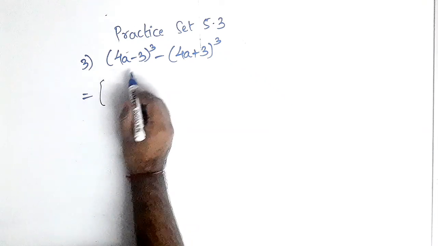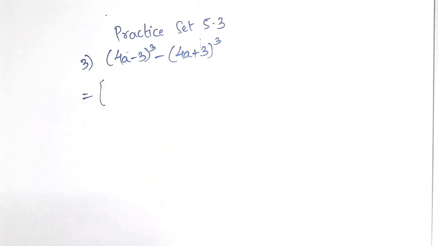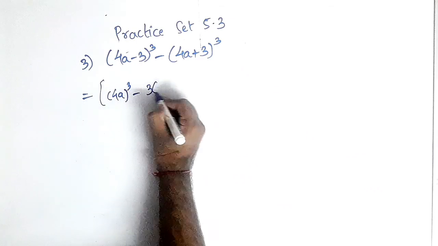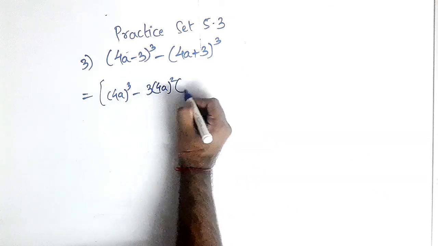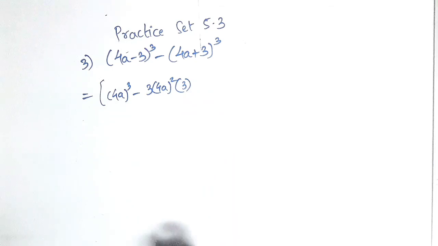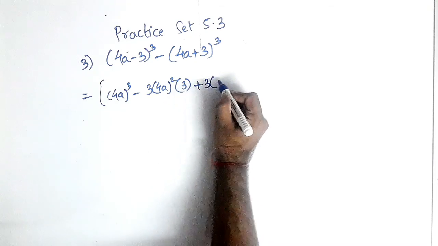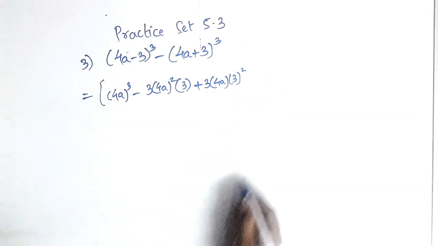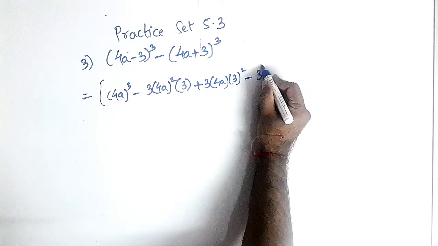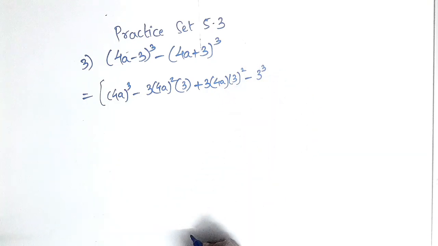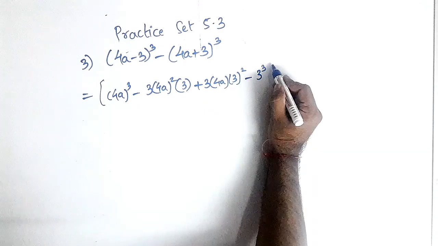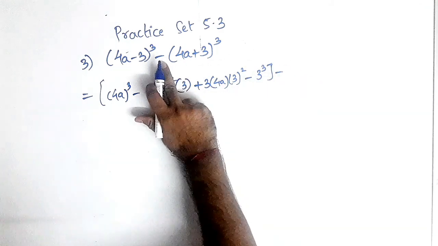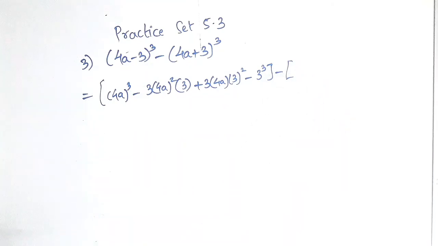Here the first one is (a minus b) the whole cube, so I'll write a cube minus 3a square b, correct, plus 3a b square, okay, minus b cube, correct. Then here is the sign of minus, and again we'll use square brackets.